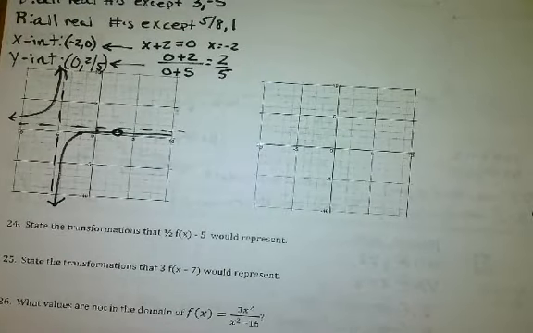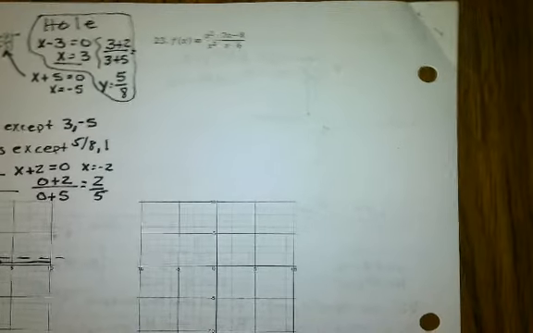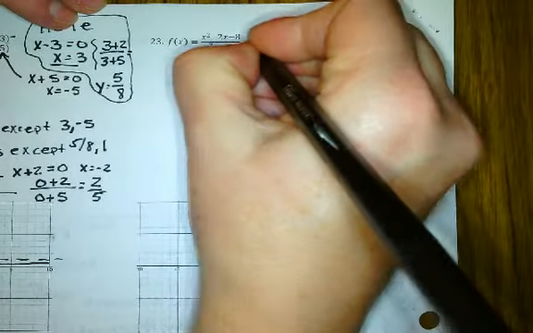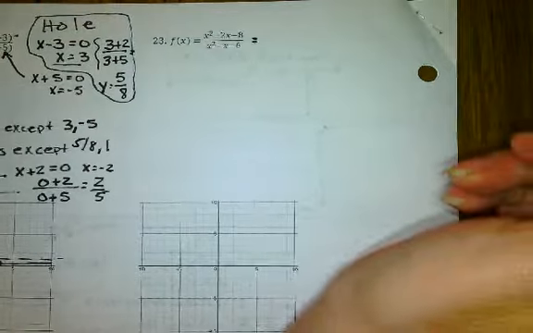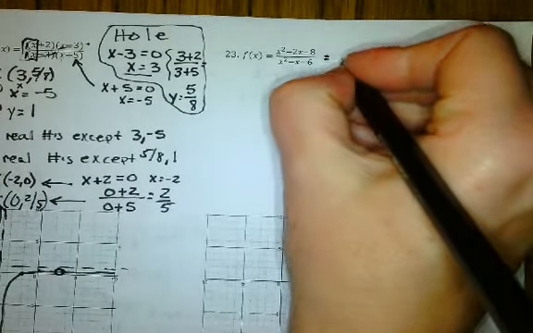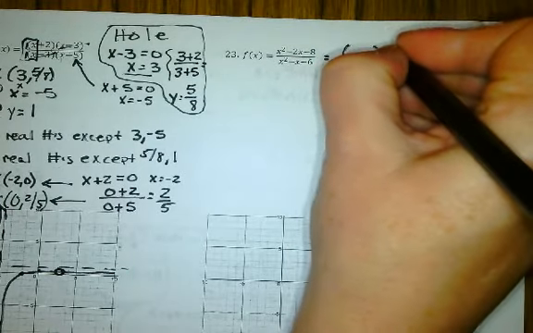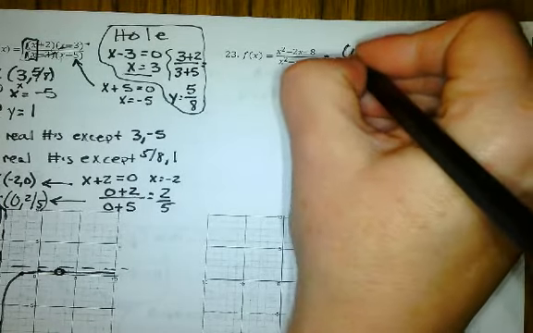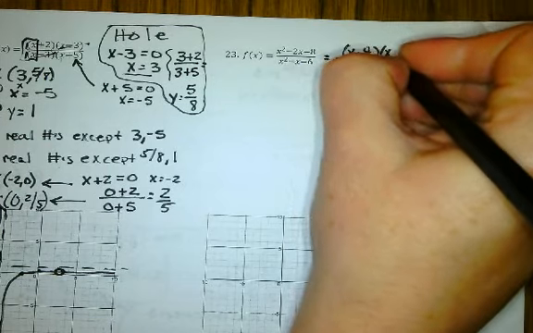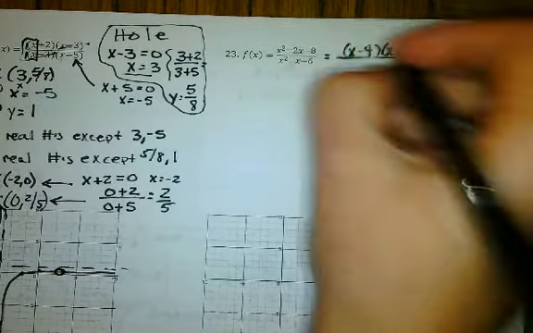All right, so on number 23 on this one, you're going to want to factor. It's going to be very, very similar to this one that I just did. So once you factor it, you're going to get x minus 4 and x plus 2.